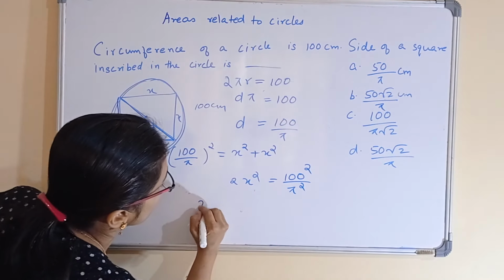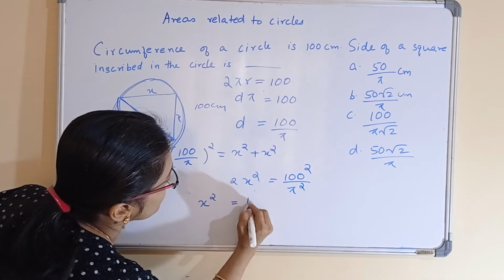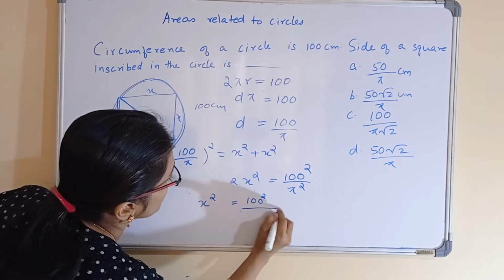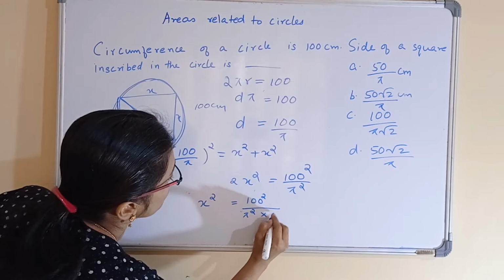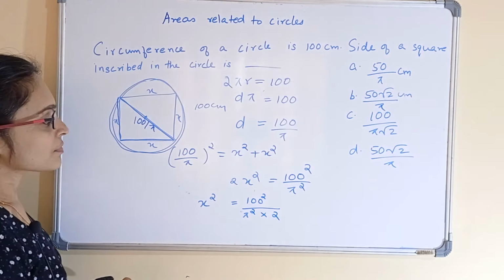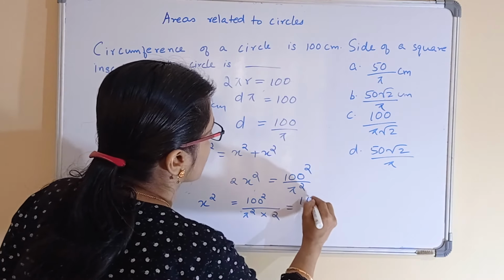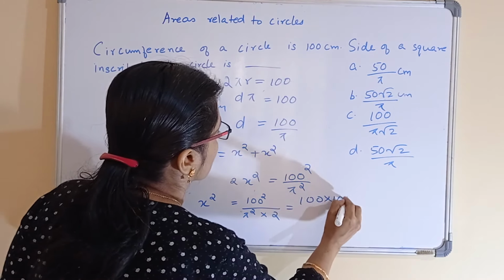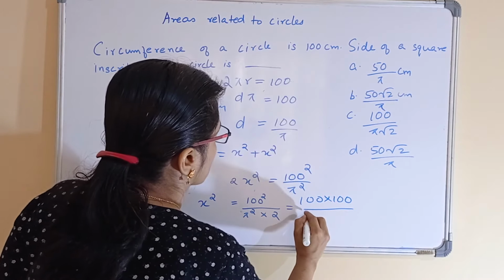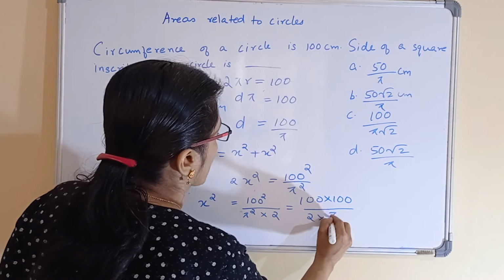So what is x square? x square is equal to 100 square by pi square into 2. This is equal to 100 into 100 by 2 into pi square.